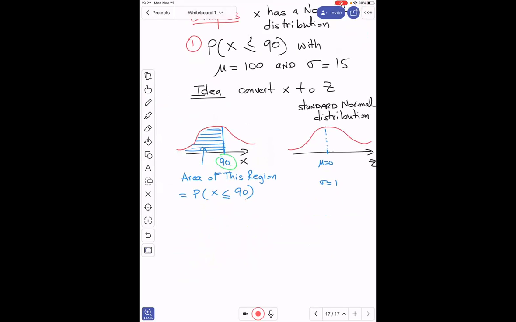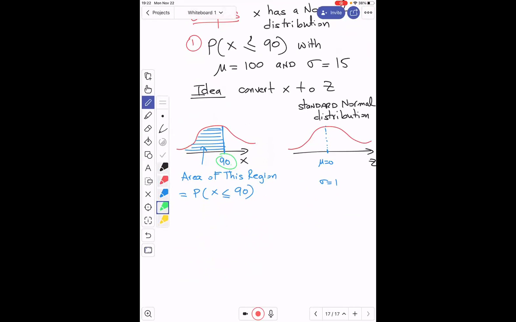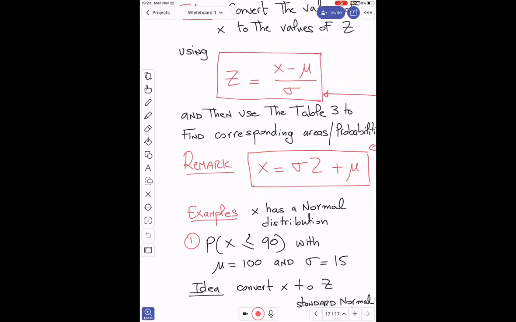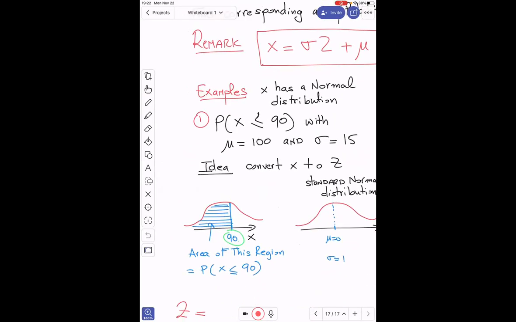The relation again is z equal to x minus mu over sigma.